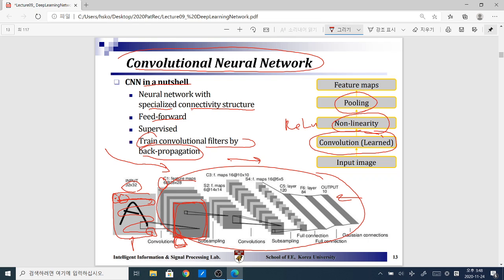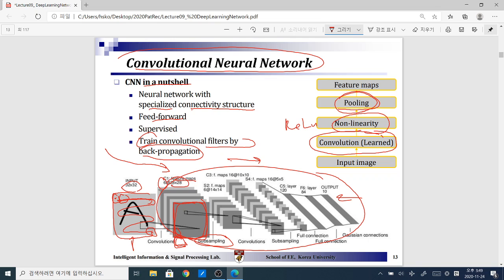And then after that, because the size of the input is small but still big since it's an image, what we want to do is subsample it, which is also called the pooling process, so that we decrease the size of the dimension.